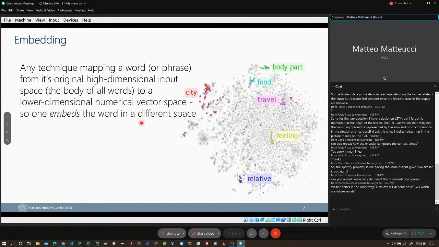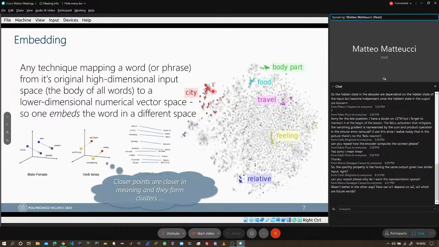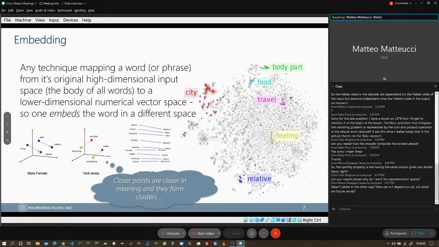Here, we would like an embedding which preserves the fact that similar words end up close to each other. Maybe food and beverages go in this part of the space, relatives in this part, cities in this part, and so on. So we would like an embedding space where closeness is a sort of semantic similarity function.